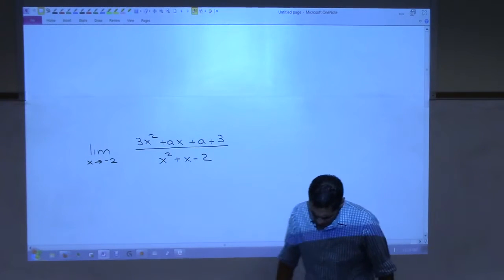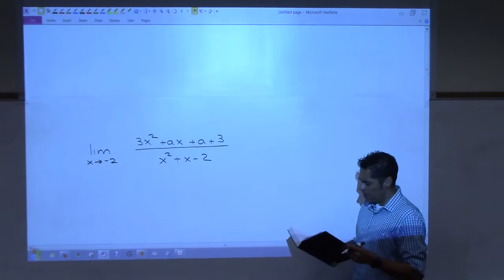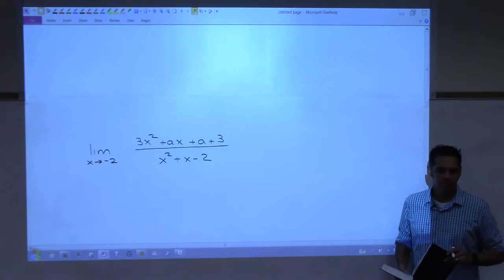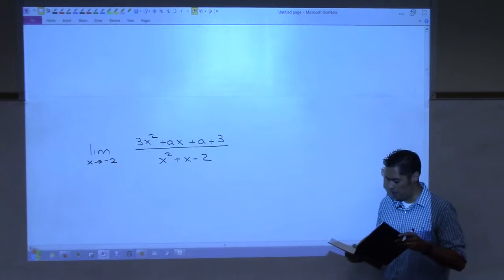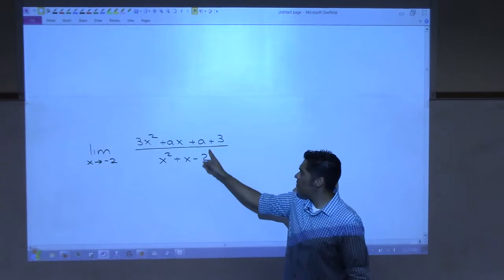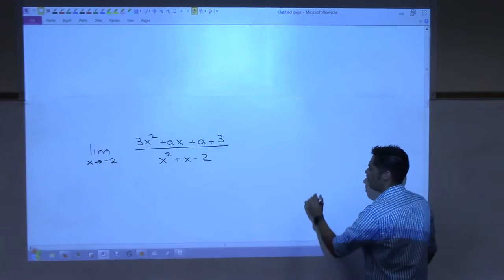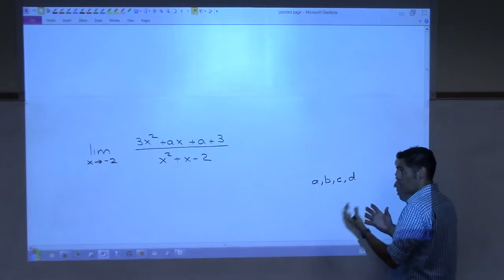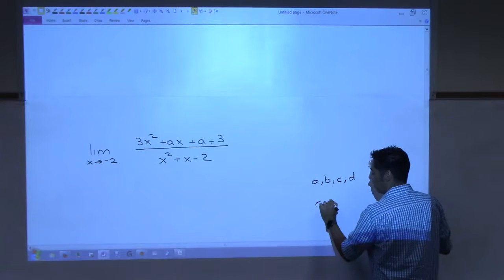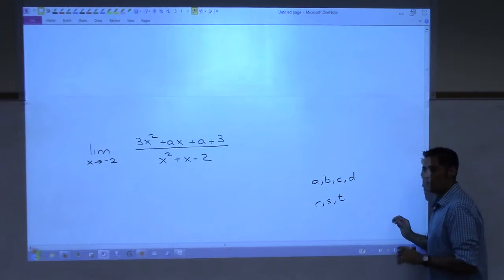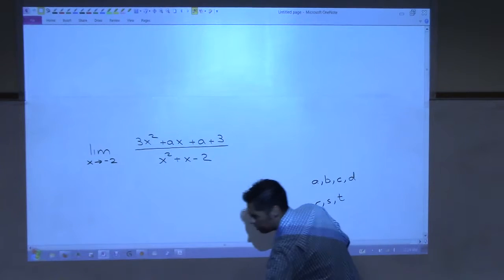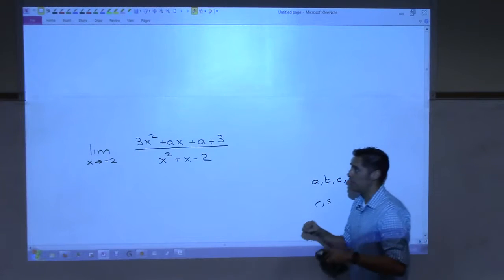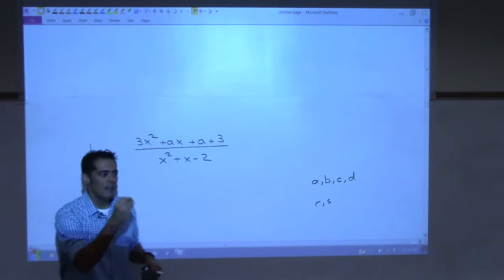All right, so the instructions here say, is there a number A such that this limit exists? If so, find the value of A. So A here is a constant. And I should also tell you that in this book, when you see A, B, C, or D within a problem, and even later maybe R, S, or T, usually in this class, in this book, that represents a number, not a variable.